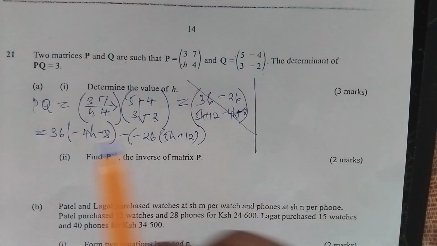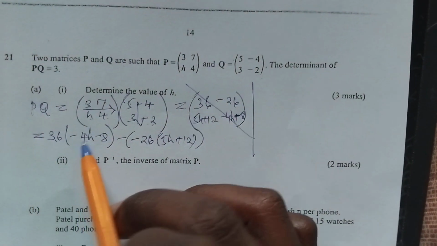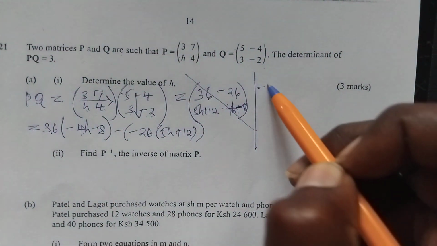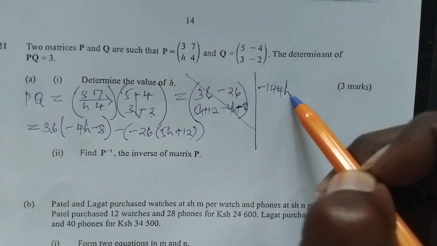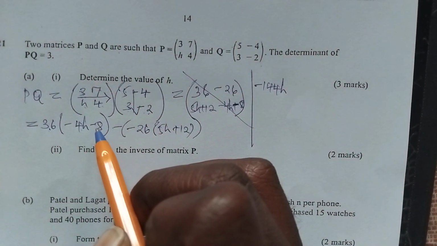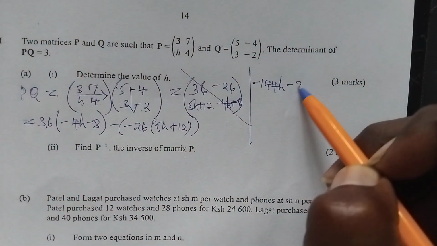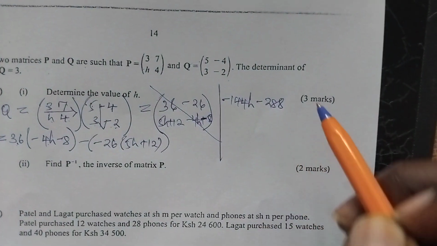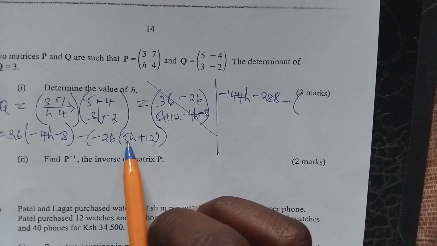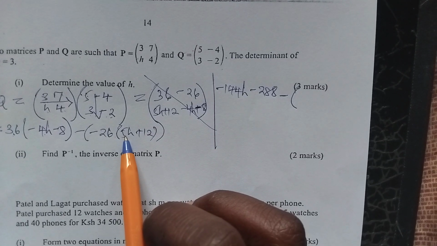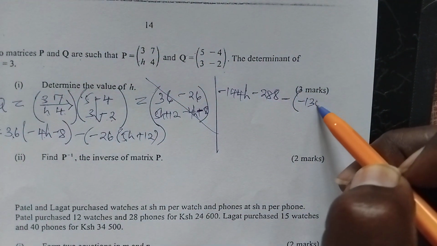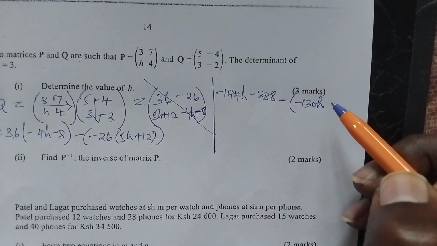So when we expand 36 times negative 4H, we are going to get negative 144H. Then 36 times negative 8, we have negative 288. And you have minus into brackets negative 26 times 5, we have negative 130, but we have H.